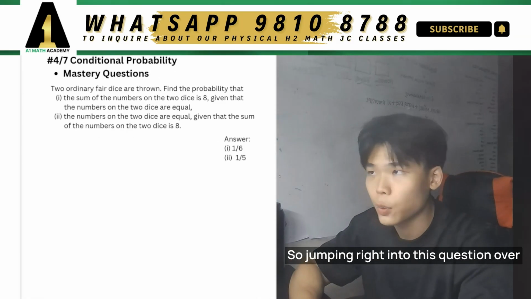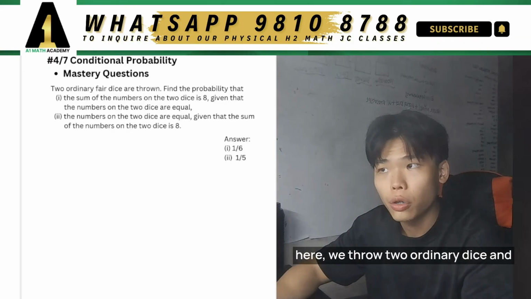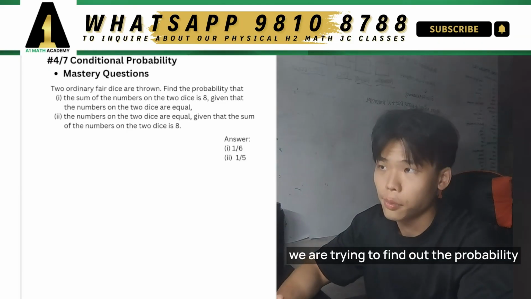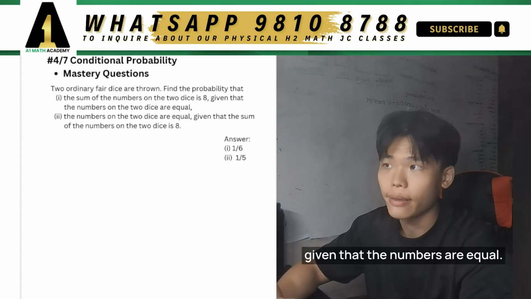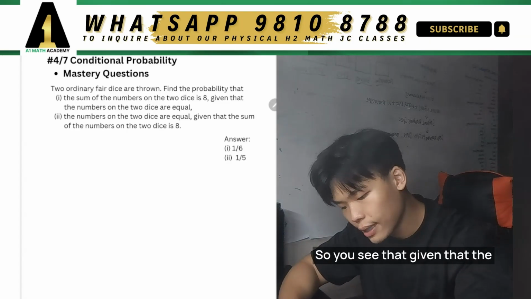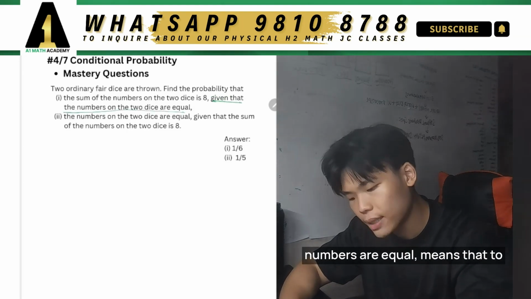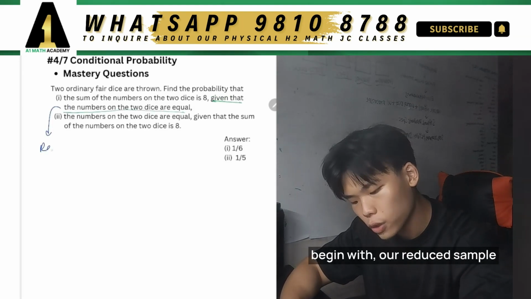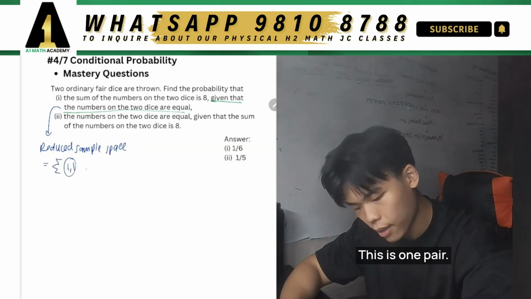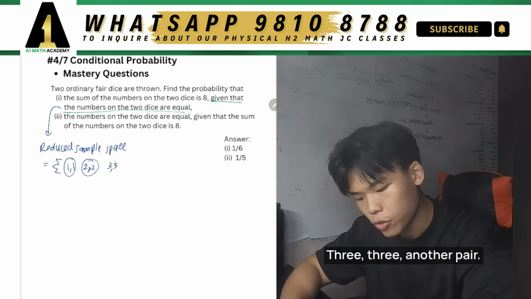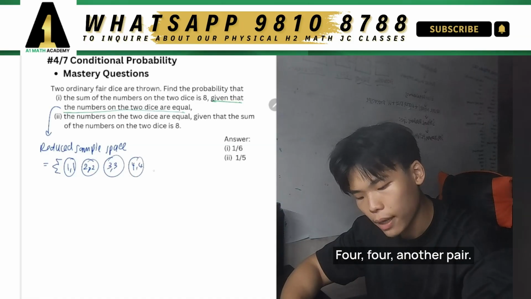Jumping right into this question: two ordinary dice, and we are trying to find the probability that the sum on both dice is 8, given that the numbers are equal. Given that the numbers are equal, our reduced sample space to begin with is 1,1, this is one pair; 2,2, another pair; 3,3, another pair; 4,4, another pair; 5,5, another pair; 6,6, another pair, right?